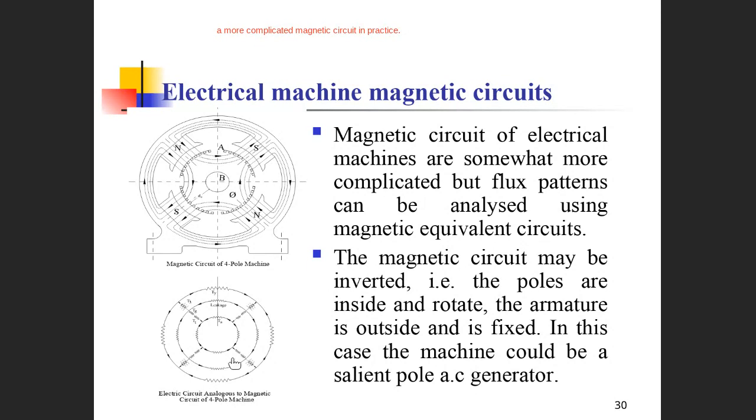Actually, electric and magnetic circuits are very similar to each other in terms of analyzing circuits, equipment, and rules. So electric circuit rules can be applied to the magnetic circuit. Remember that magnetomotive force and electromotive force are equivalent, reluctance and resistance are equivalent, and flux and current are equivalent.